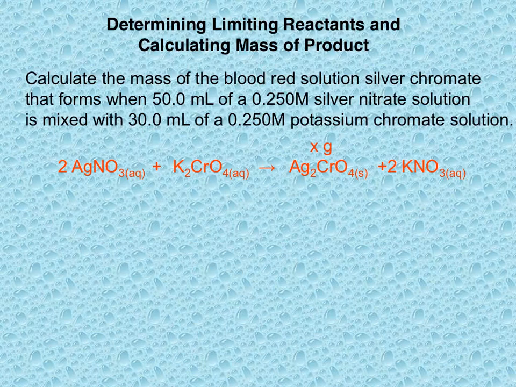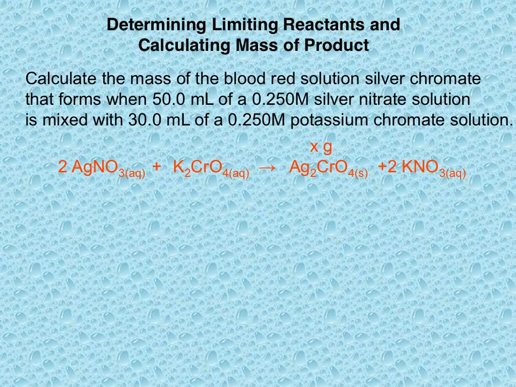So let's get started. Our first task is to take the volumes times the concentration of both of these solutions to determine the moles. So we have 50 milliliters. We're going to convert that to liters. We're working first with the silver nitrate.